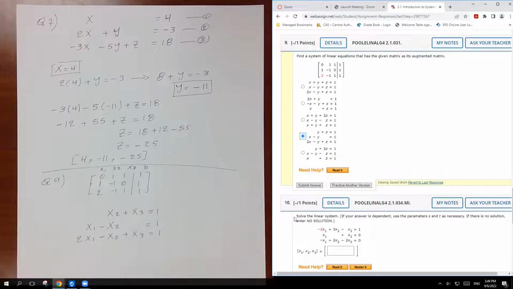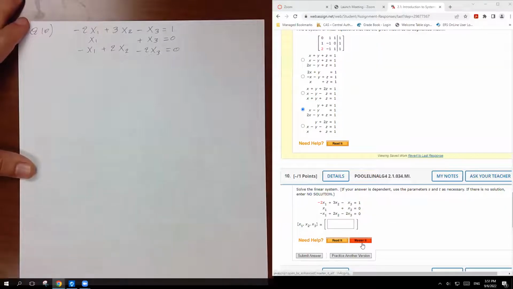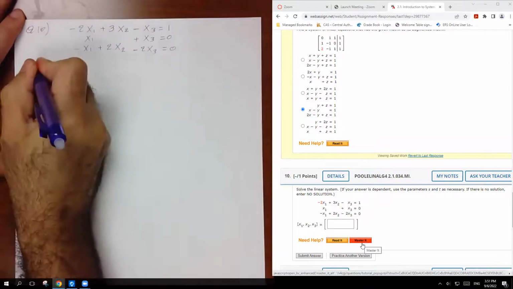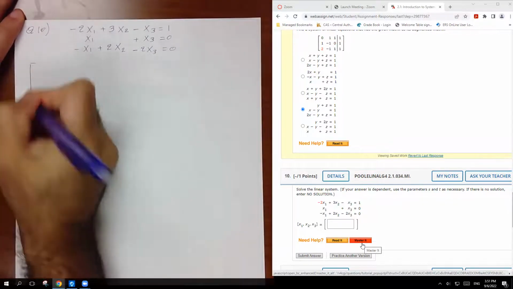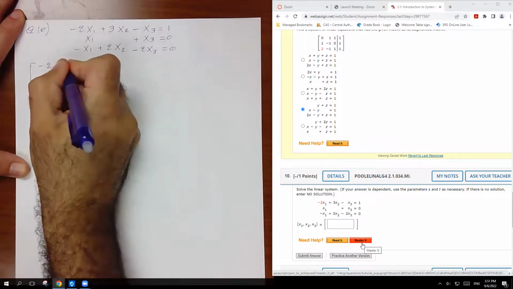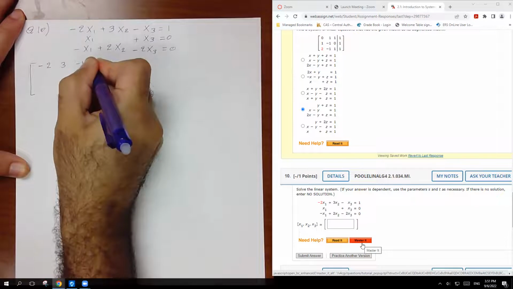Number 10 is solve the linear system. So here is the system. Now we need to find the solution of the system by using the matrices. So the first thing, I'm going to write down the augmented matrix for the system. -2, 3, -1.